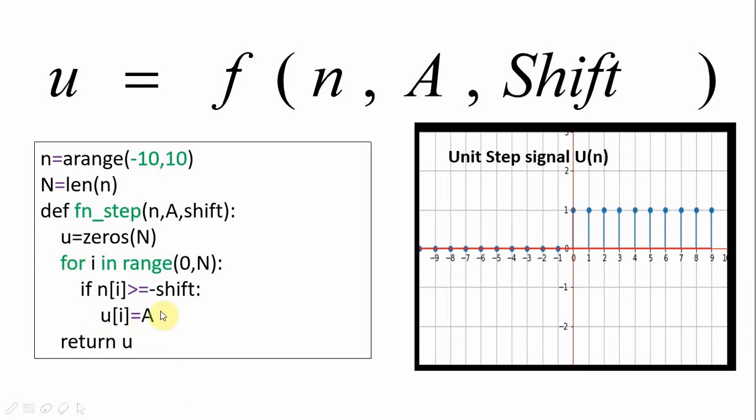And then we form a loop where we will see what the shift is, and depending on that we will modify this array u to make it a step signal.